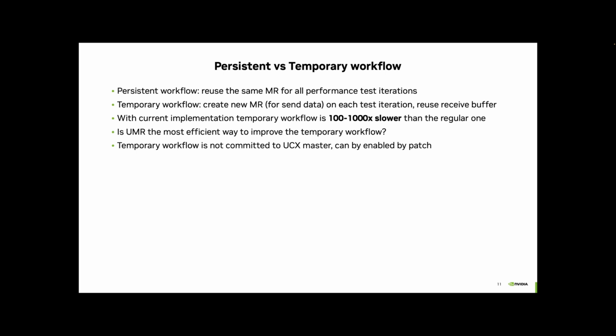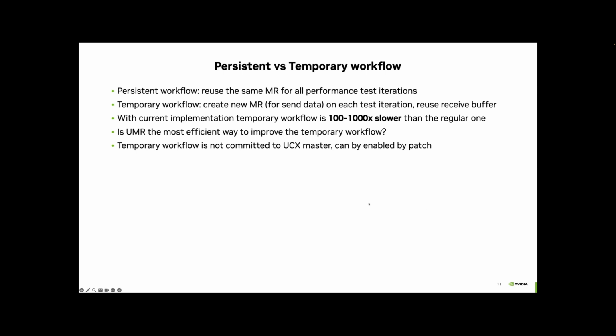And with temporary workflow, as the name suggests, we create new memory region or new buffer for each iteration. We use it once, we dispose it immediately, and for the next iteration, we just repeat the process. We create a new buffer. But what's important, it happens only on the sender side. On the receiver side, we still do reuse the same buffer.